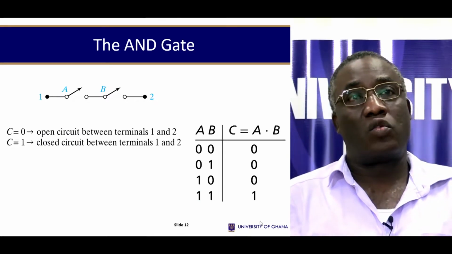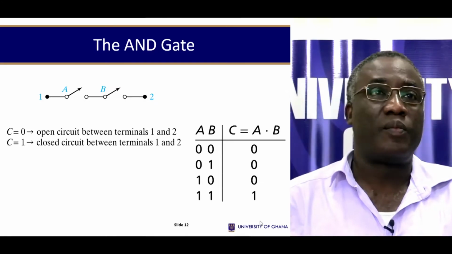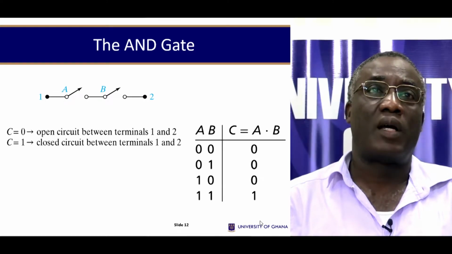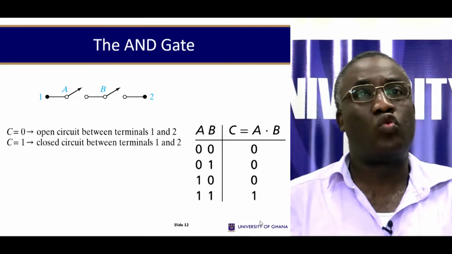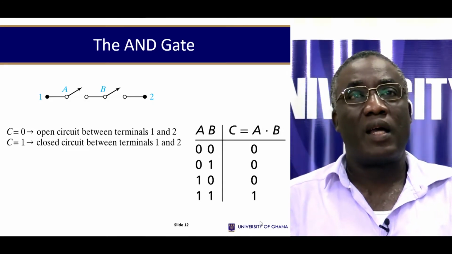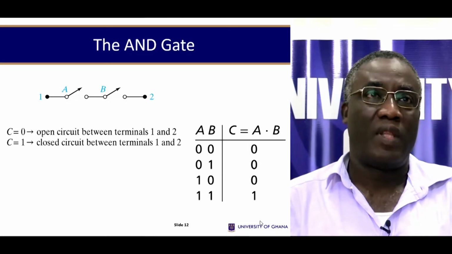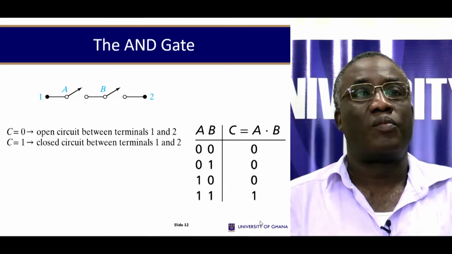How does it work? So let's take again, this time, two switches, switch A and switch B. Assume that these switches connect 2 points, 1 and 2. At point 2, you have a lamp, and at point 1, you have, say, a power source.